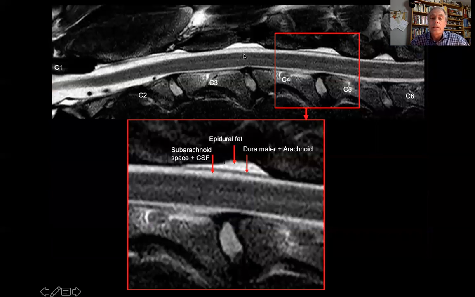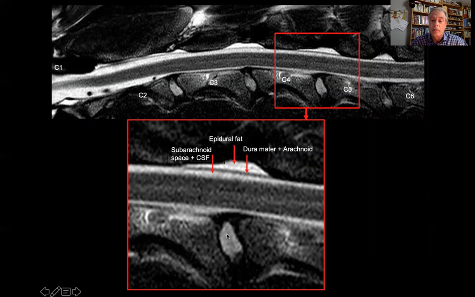Let's have a look at MRIs. Okay, we are at the cervical level. This is the axis, C3, C4, C5, etc. We are going to enlarge this area here. And what do we identify? We identify the spinal cord here. We are at the level of an intervertebral disc.